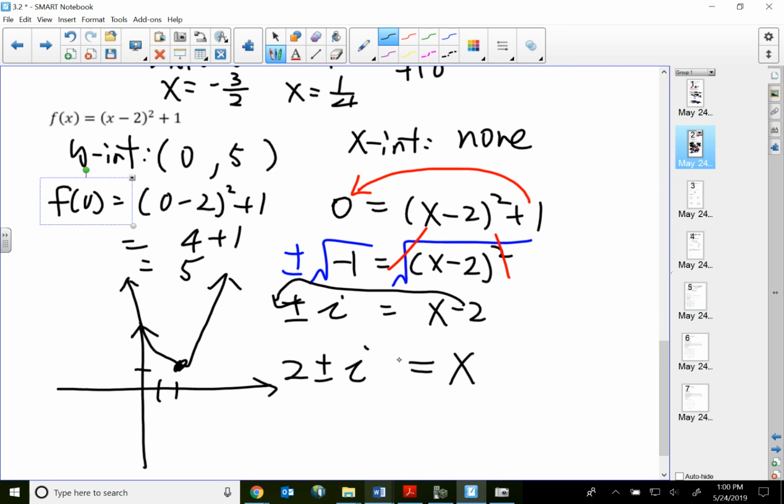So what does this 2 plus minus i answer represent? They are the zeros of this function. They are not the x-intercepts. Even though my quadratic function doesn't have any x-intercept, it still has 2 zeros.